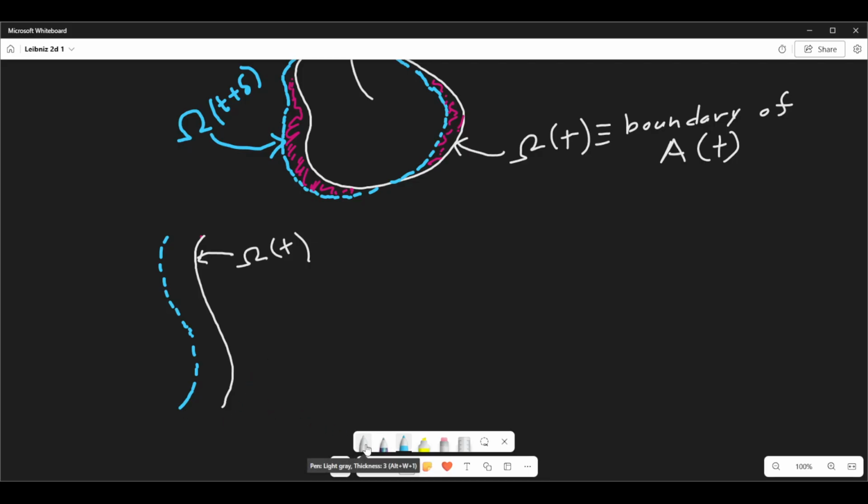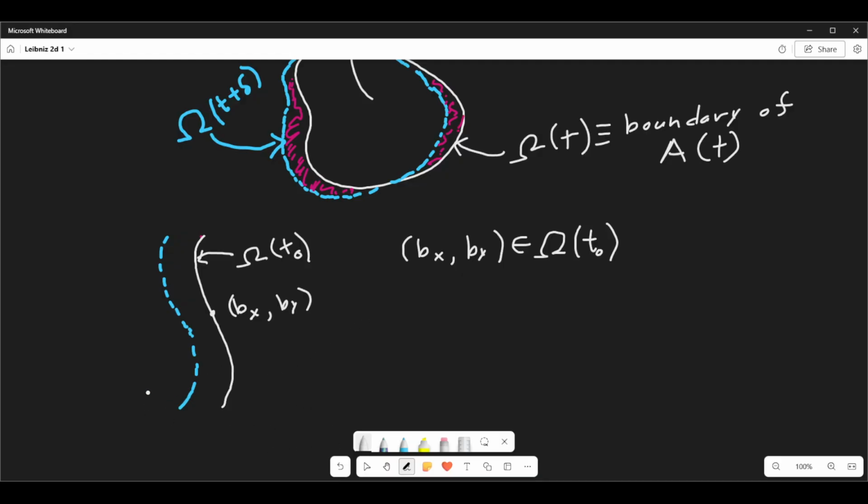And I look at some point here, which is going to be called Bx, By. This is some point on the boundary. So Bx, By is going to be a member of the set of points on this boundary at t naught.